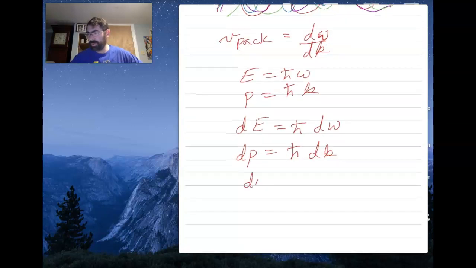And so another way of looking at this wave packet velocity is to write it as the change in the energy with respect to momentum.